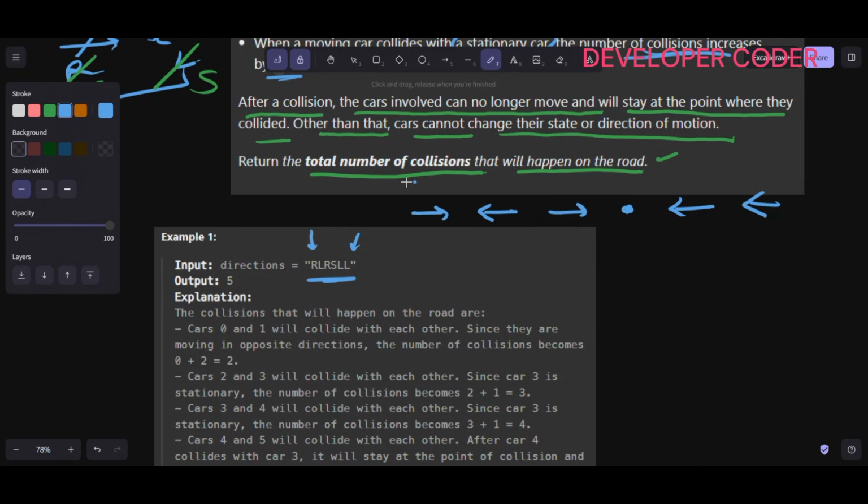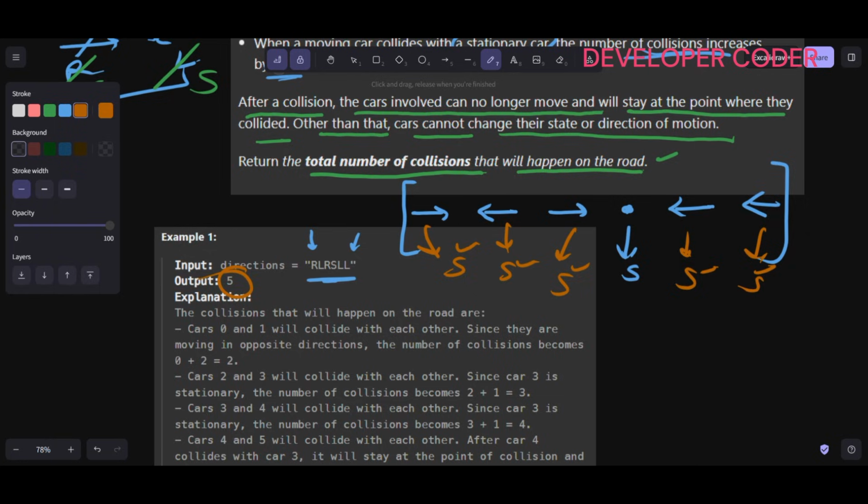Now here see, every car will collide actually in this, right? Every car will collide, right? And you know that there is no impact to this S, there is no impact to this S, right? Whenever the car collides, right? But other than this, all cars will collide and all these values will be changed to S, right? This brown color. So how many values am I changing here to S? 1 2 3 4 5.